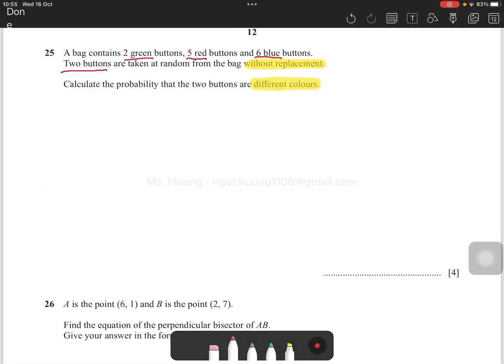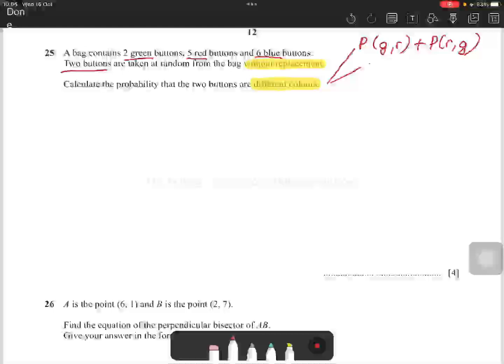First, you want to find the probability that the 2 buttons are different colors, which means the 2 buttons can be green and red plus red and green. The probability of red and blue plus the probability of blue and red.